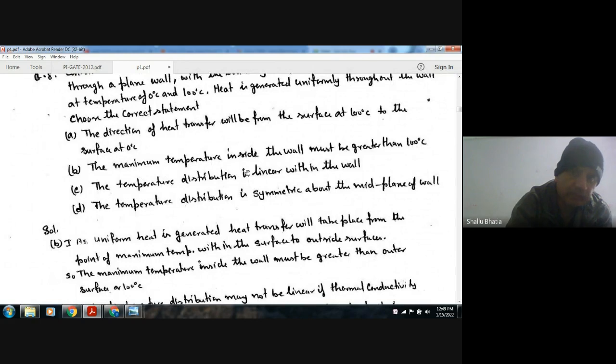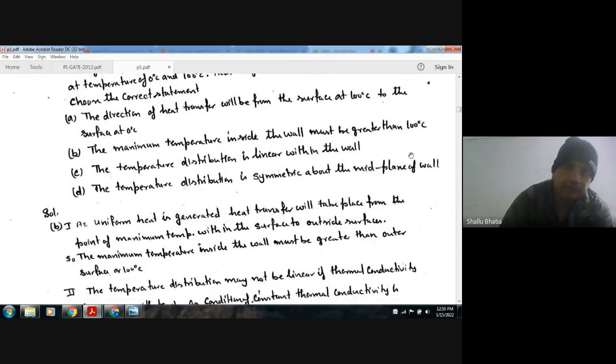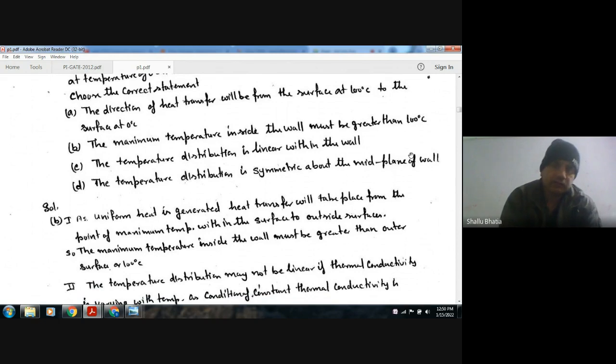Because the maximum temperature inside the wall must be greater than 100 degrees Celsius, since uniform heat is generated and heat will transfer from the source to the two walls. So the maximum temperature will exist within the wall, while at the walls the temperature is 100 degrees Celsius and 0 degrees Celsius.